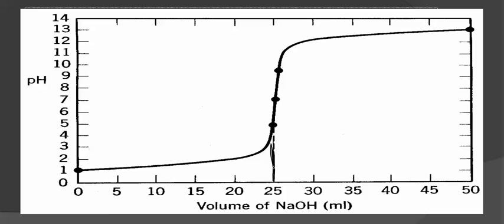I would want an indicator that changes color somewhere on the steep portion of this curve. So I would want an indicator that changes color somewhere between, looks like about 4.5 to about 9.5. So any indicator would work as long as the indicator changed color from around a pH of 4.5 up to 9.5.